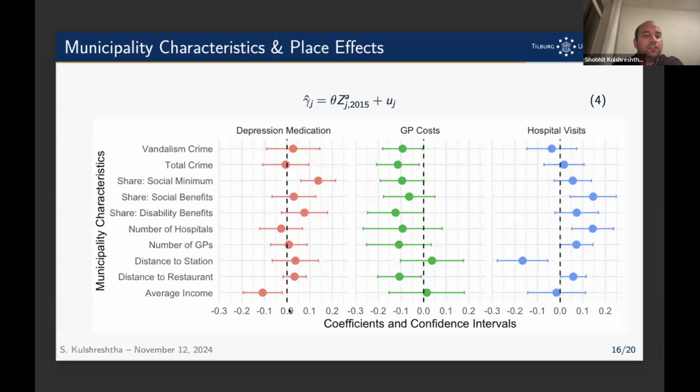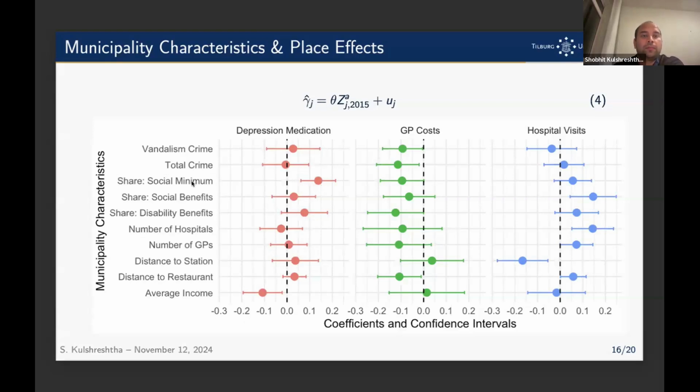For depression medication usage, something I find interesting is that having general practitioners or hospitals is not that much correlated with the place effects. Actually, the ones that come out significantly correlated are related to socioeconomic status.